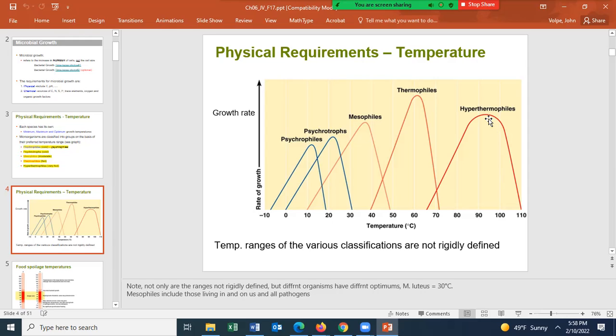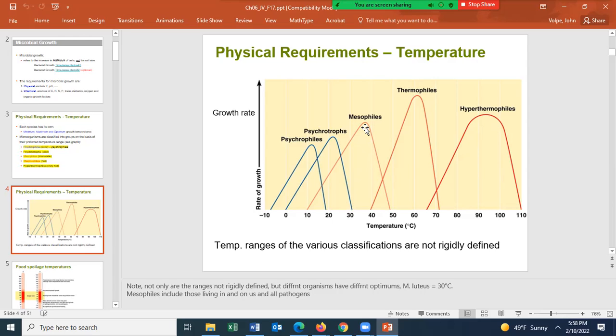Now you should note that the ranges and even the optimal temperature for a specific organism are not ironclad. Not all mesophiles have an optimal temperature at 37 degrees Celsius.